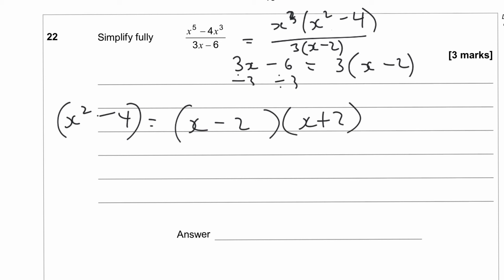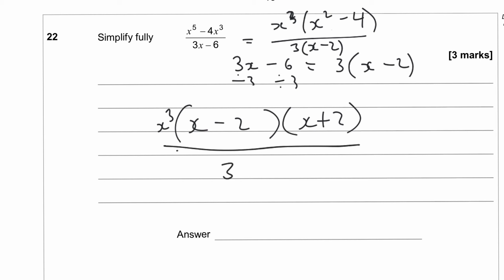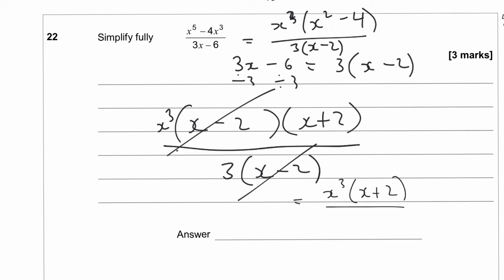So then now we have x minus 2, the x cubed on the outside. I'm just rewriting what we have so far. So we've got that over 3 bracket x minus 2. Okay, so now the x minus 2 cancels, and that's going to leave us with an answer of x cubed bracket x plus 2 over 3.